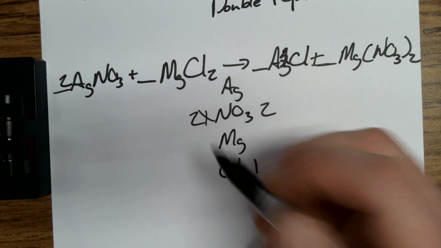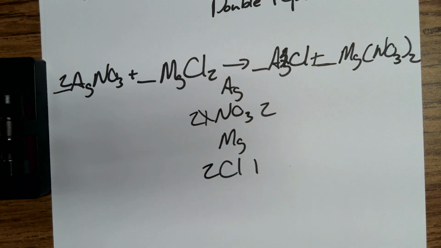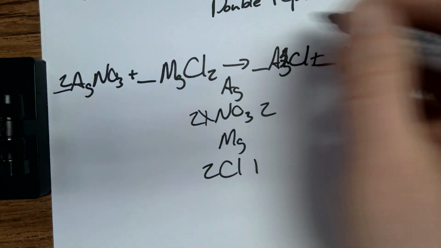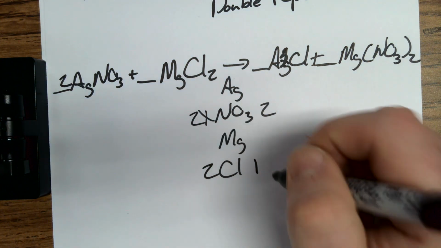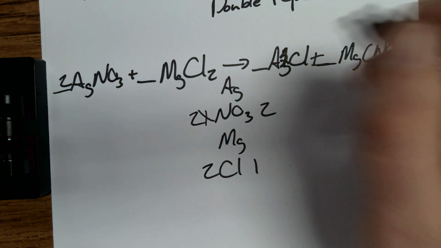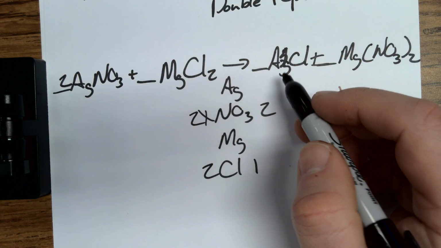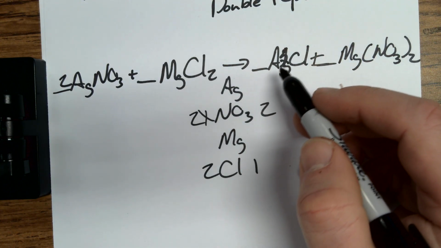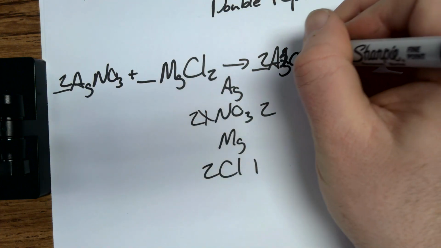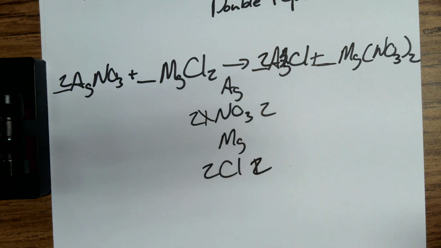I have 2 chlorines on my reactant side. Where can I place a coefficient so I have 2 chlorines on my product side? Next to my silver chloride. What coefficient am I going to put here? A 2. 2 times 1 chlorine gives me 2 chlorine.